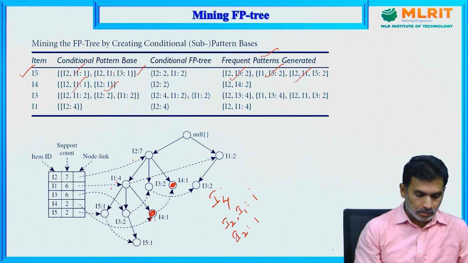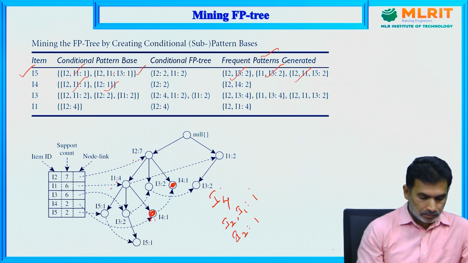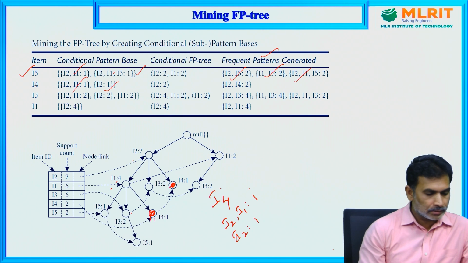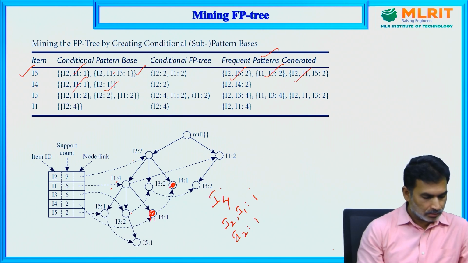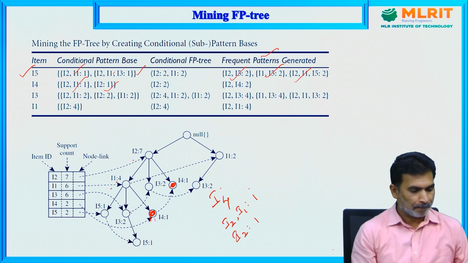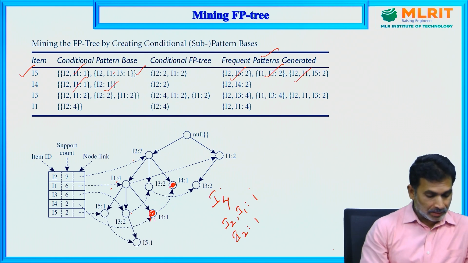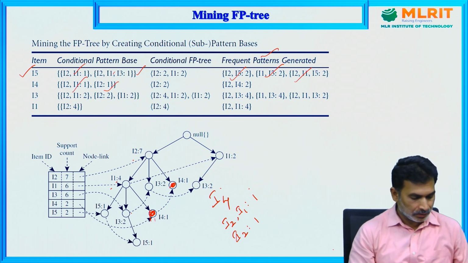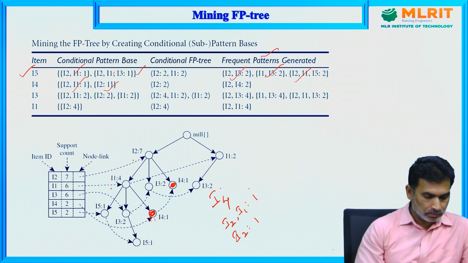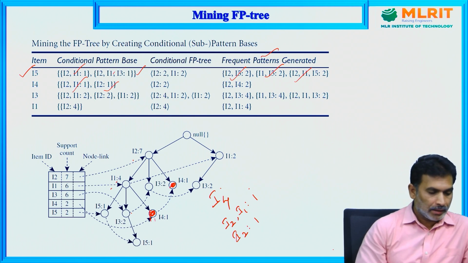Next, I1 in this case does not meet the minimum support threshold, so it will be excluded.